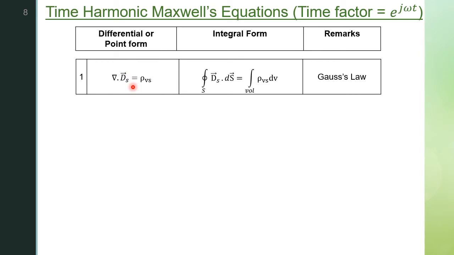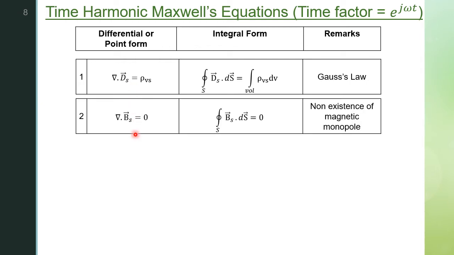Even if it is a time varying field, the time factor will be suppressed and the others will be made Ds or Es or Hs, etc. Similarly, del dot Bs will also be equal to 0, and this represents the corresponding integral form.